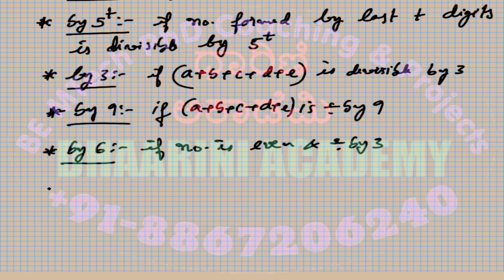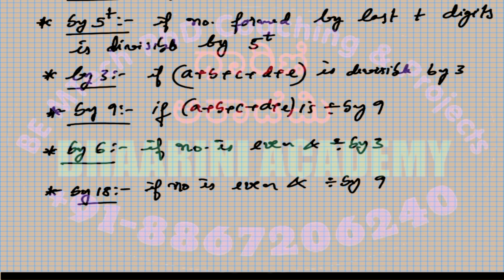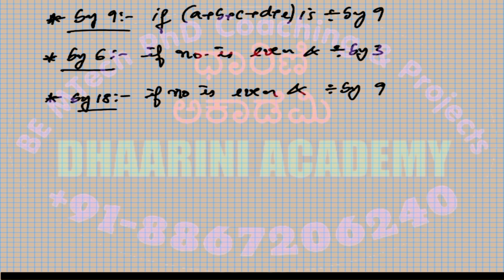Okay, then just want to check, right, if a number is divisible by 18. Okay, so the condition is if the number is even and divisible by 9. Okay, then my next condition is I just want to check whether the number is divisible by 7.